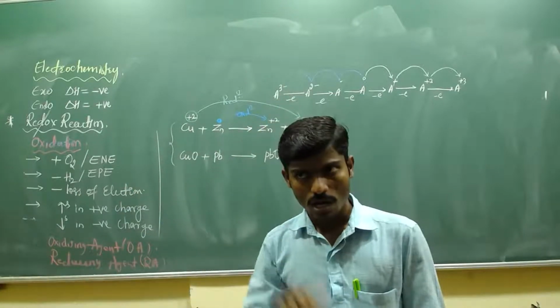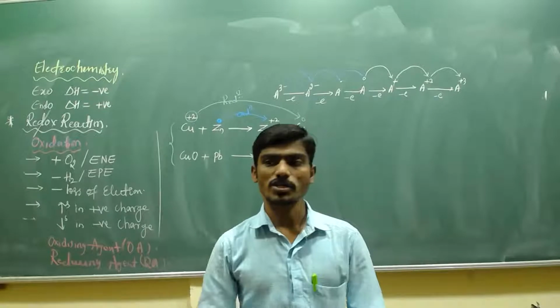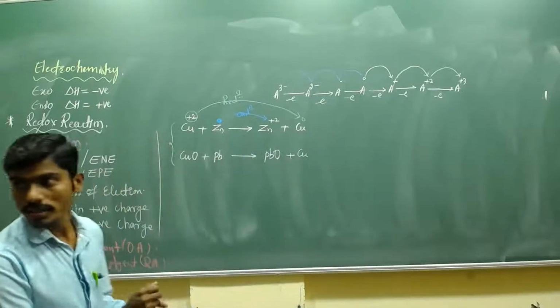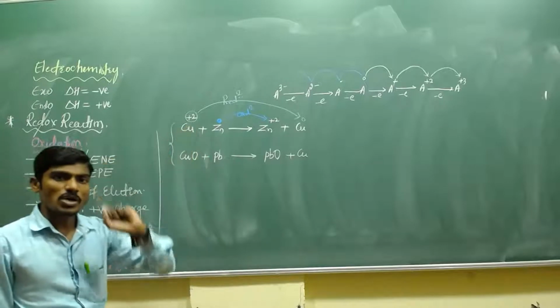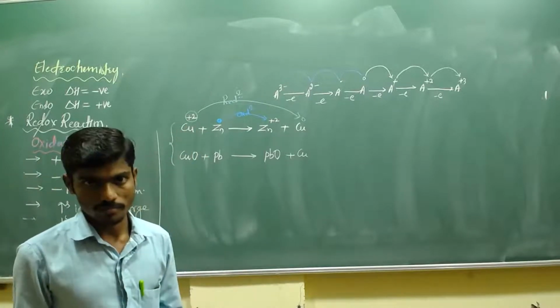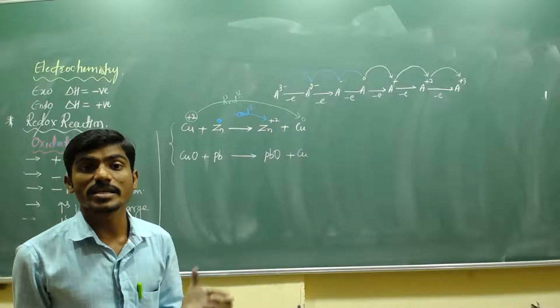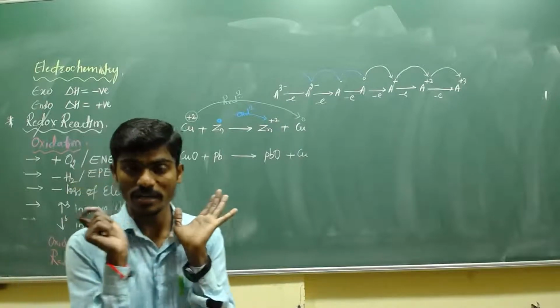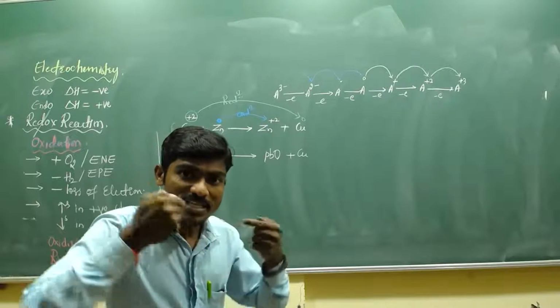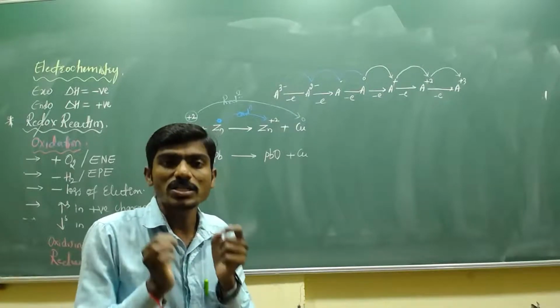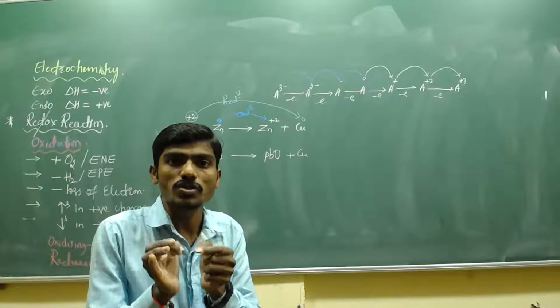Oxidation, reduction, oxidizing agent, reducing agent. The substance which undergoes oxidation is called a reducing agent. This is a bit confusing. The substance which itself undergoes oxidation is known as a reducing agent.